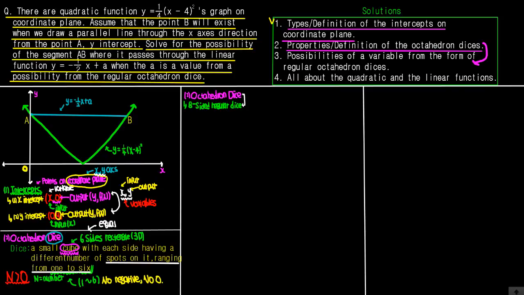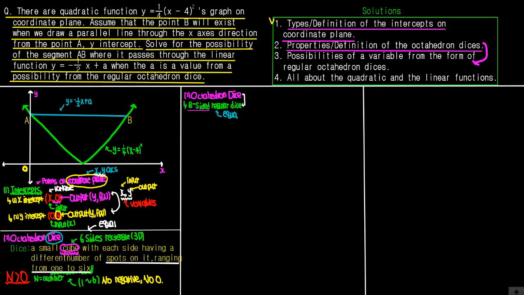If you think about what the octenary dice is, it is exactly the same kind of concept as a normal dice, except it is an 8-sided regular dice. And if you think about the definition of regular in the geometry world, we can say that regular is the same thing as equal, which means the octenary dice has 8 equal sides.